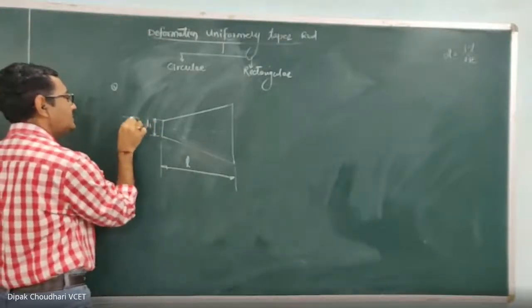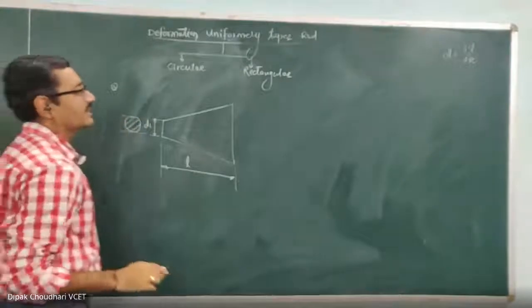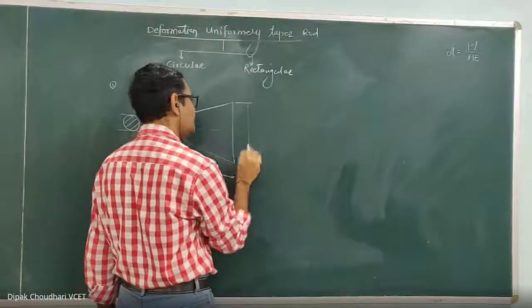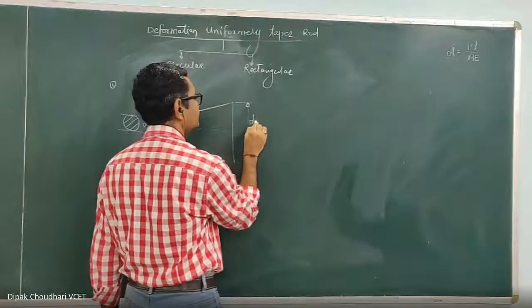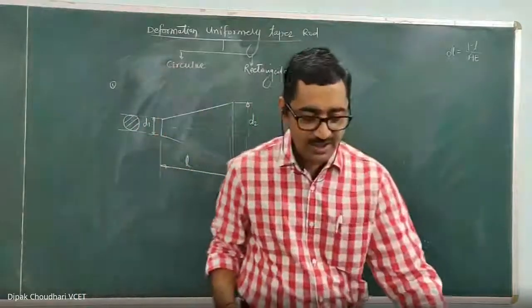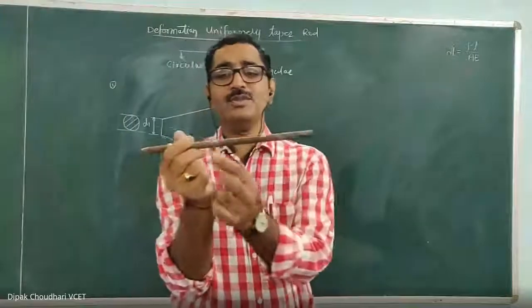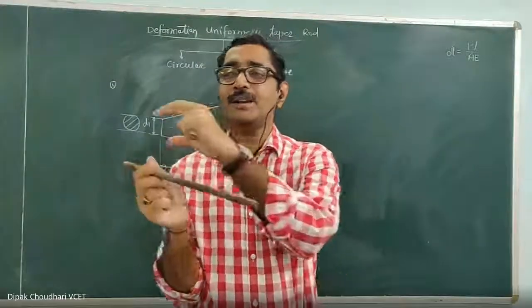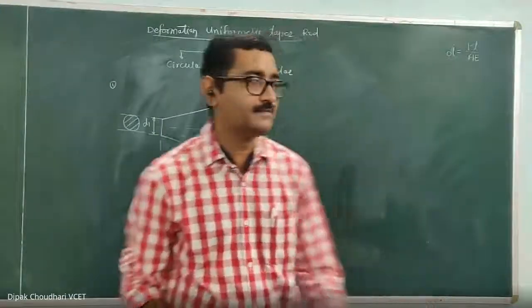This is a solid circular section. And let this diameter be D2. It is a circular taper rod. The earlier rod had a uniform cross-sectional area.